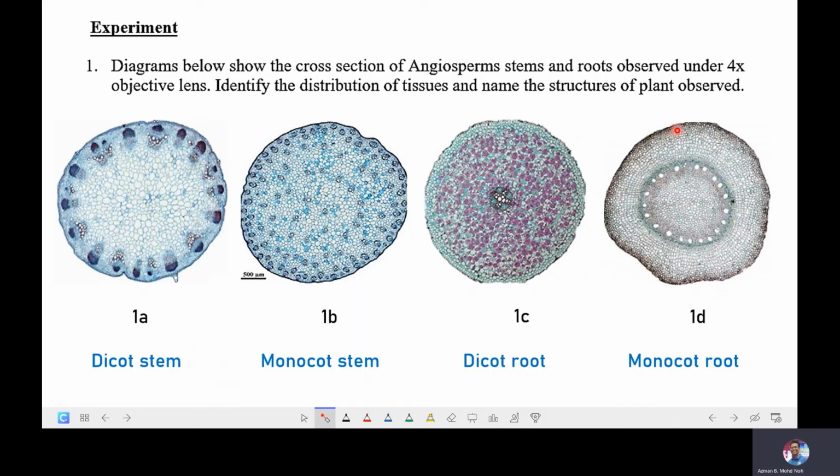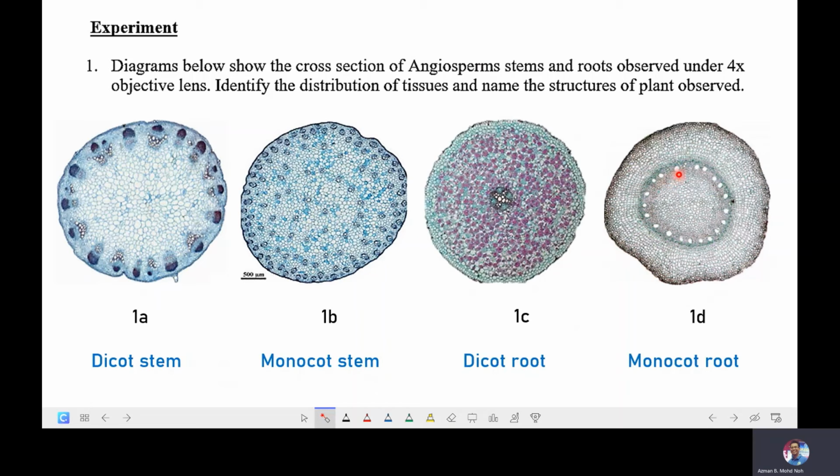On the outermost part, again, it will be the epidermal tissue or the epidermal layer. Inside will be the cortex region consisting of parenchyma cells. In the middle will be the pith of the monocot root, also consisting of parenchyma cells. Meanwhile, the vascular bundles will consist of xylem and phloem.